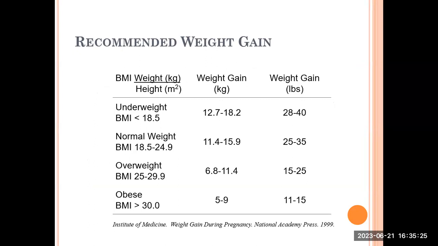These are the needed weight gains. Now, if you look on the chart, in most circumstances women are within the normal weight, all right? So we can say they need to gain this amount of weight by the time they get to the final stages of the pregnancy.